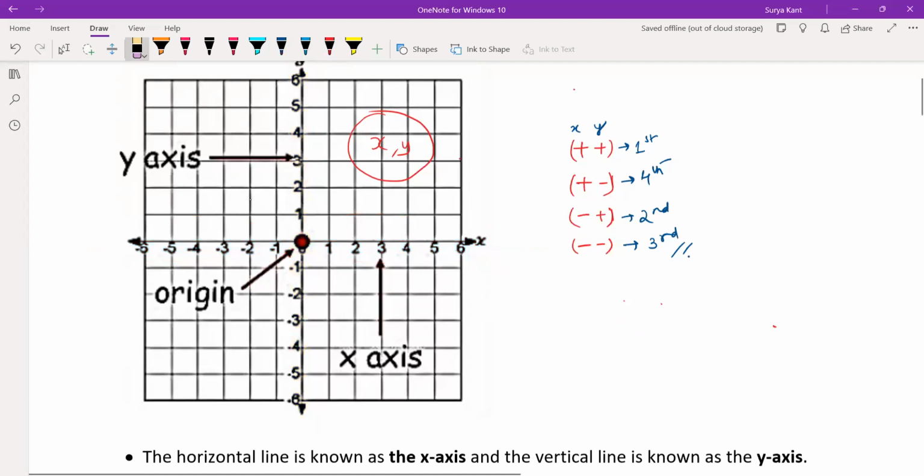Again, similarly on the y-axis, up is positive, down is negative.